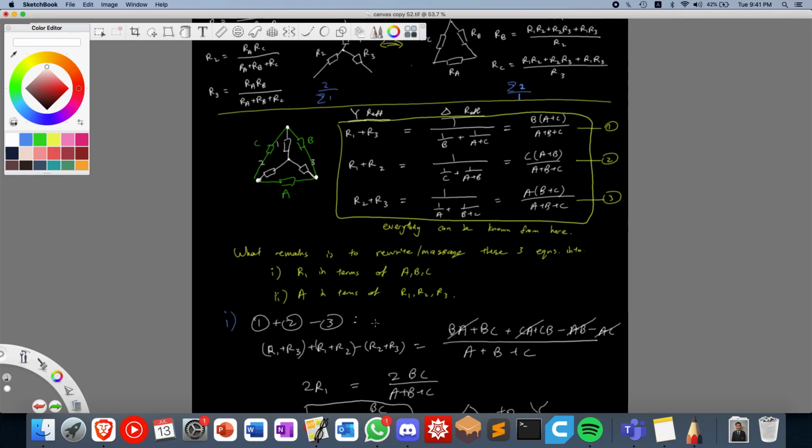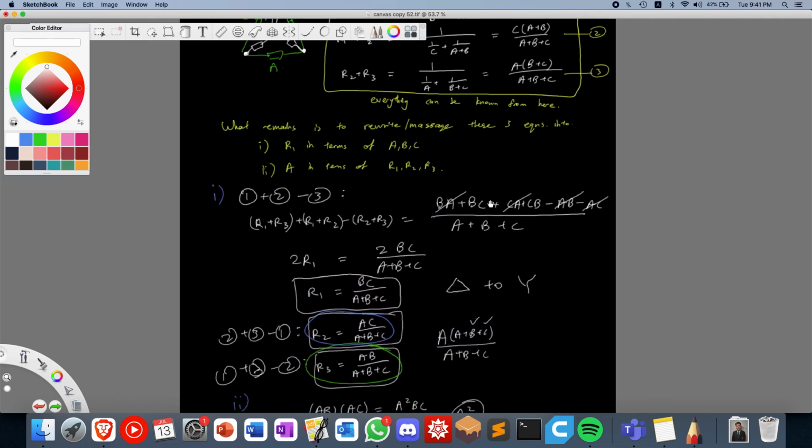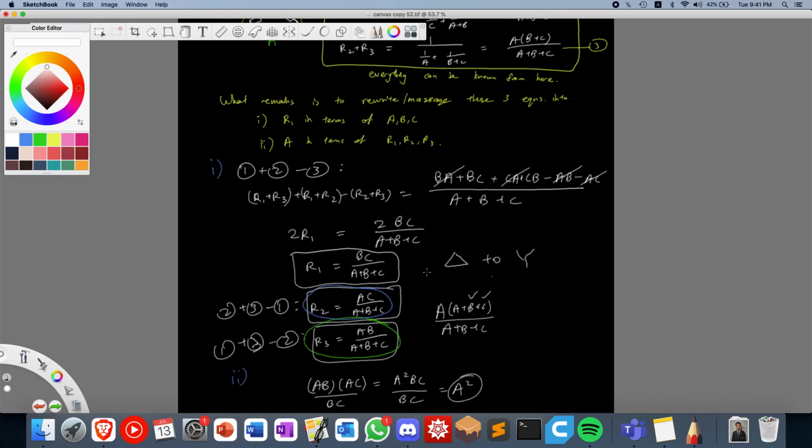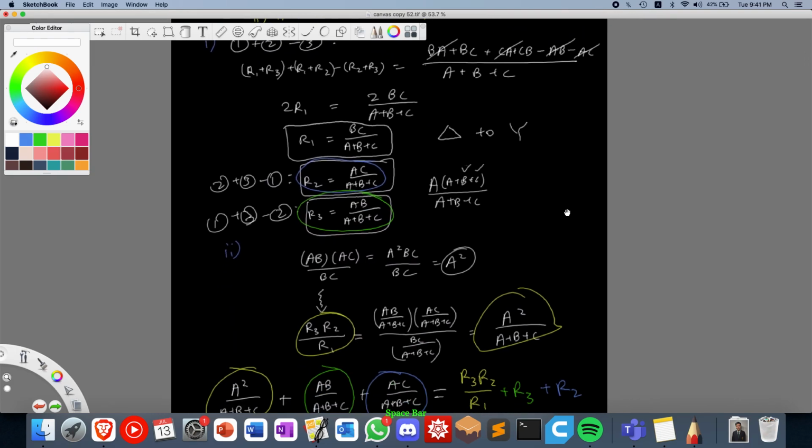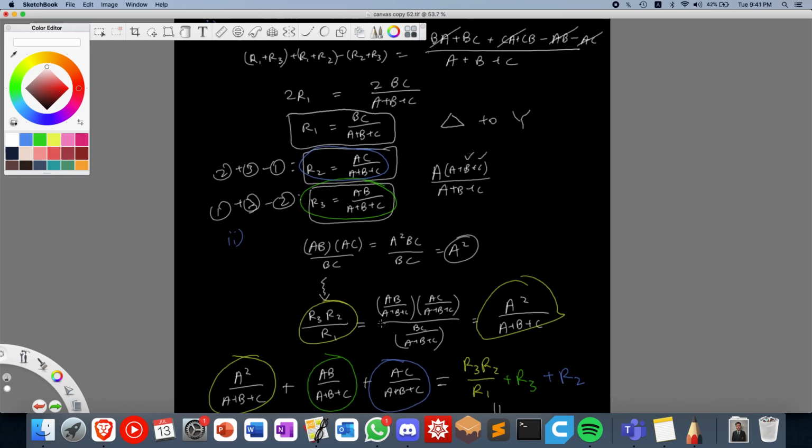And then next we want to write the ABC in terms of the R1, R2, R3, and that is a bit harder, but after obtaining the first result, we just needed to make this single observation to get A squared over A plus B plus C, and after that we just do this.